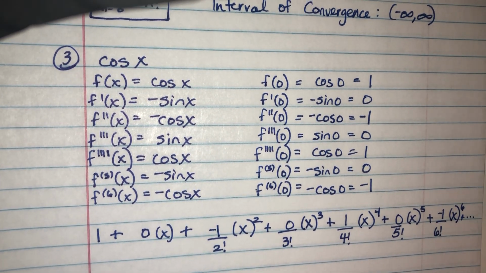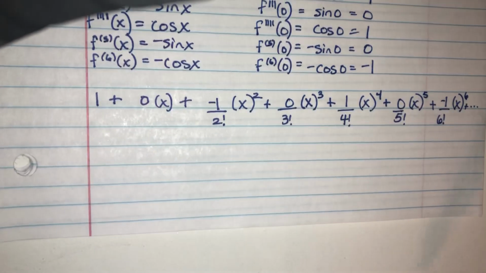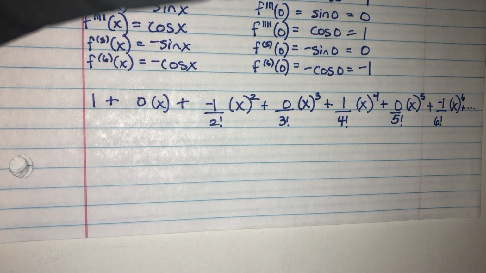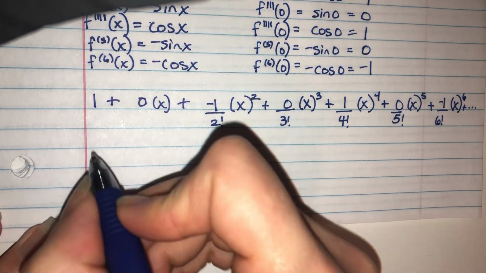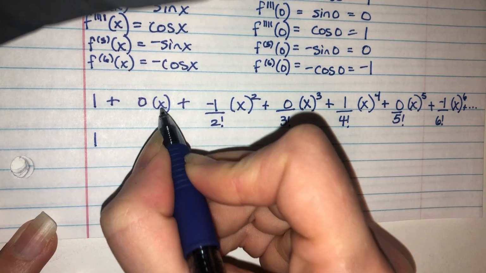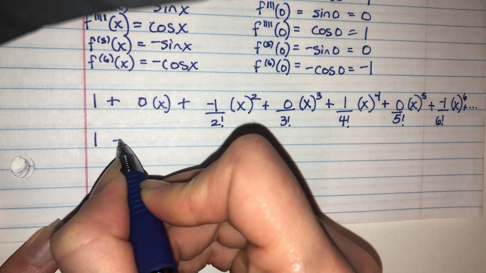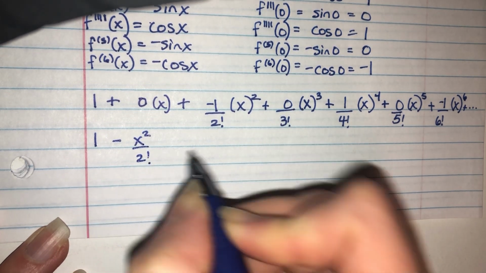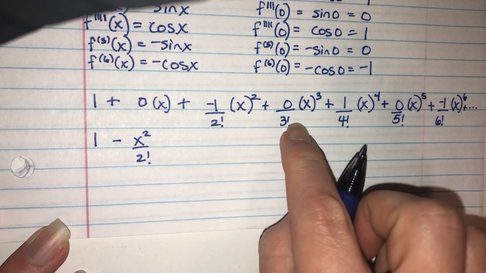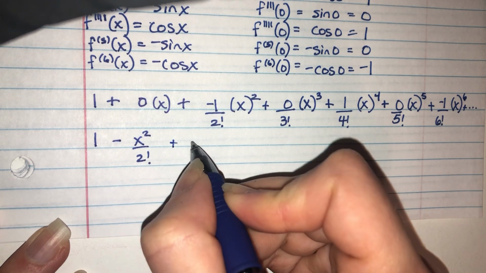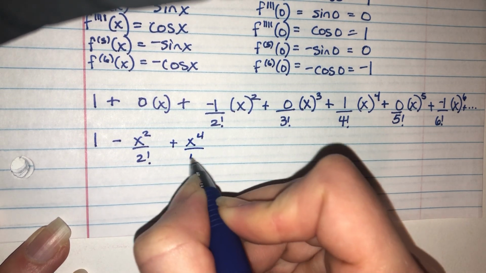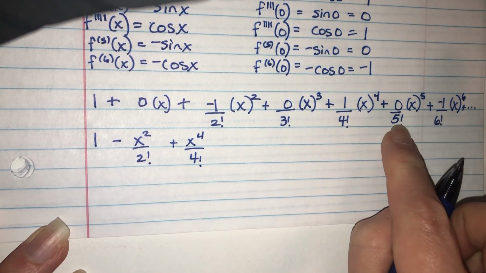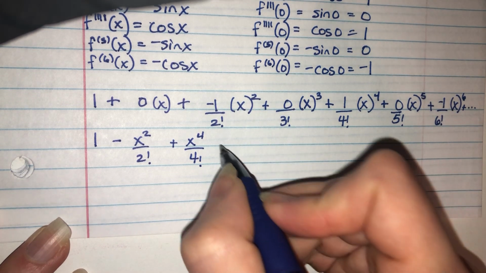Okay, so what's going on here? Let's simplify things down just a little bit. We have 1. The 0 is going to go away, so we're going to have minus x squared over 2 factorial. This 0 term is going to go away. Then we have plus x to the 4th over 4 factorial. This 0 term is going to go away.